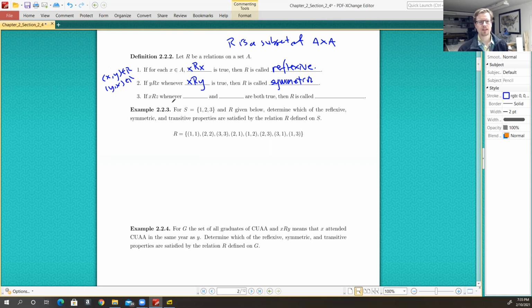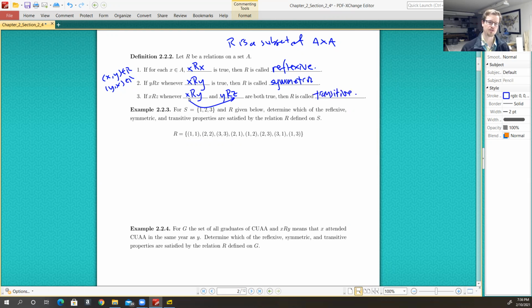Now, whenever we have that x is related to y and y is related to z, and it follows that x is related to z, then R is called transitive. What we're doing is skipping over the y and going to the z.